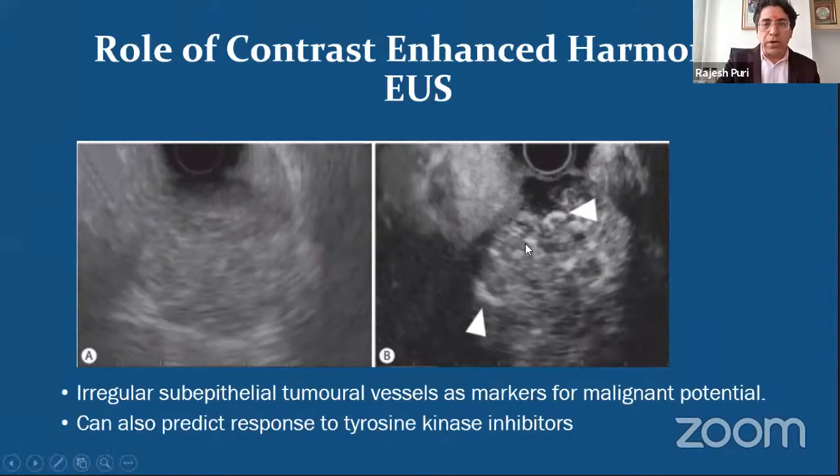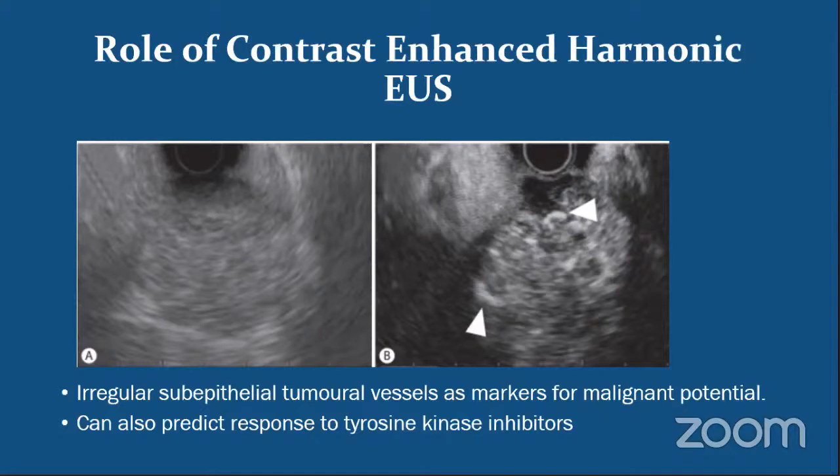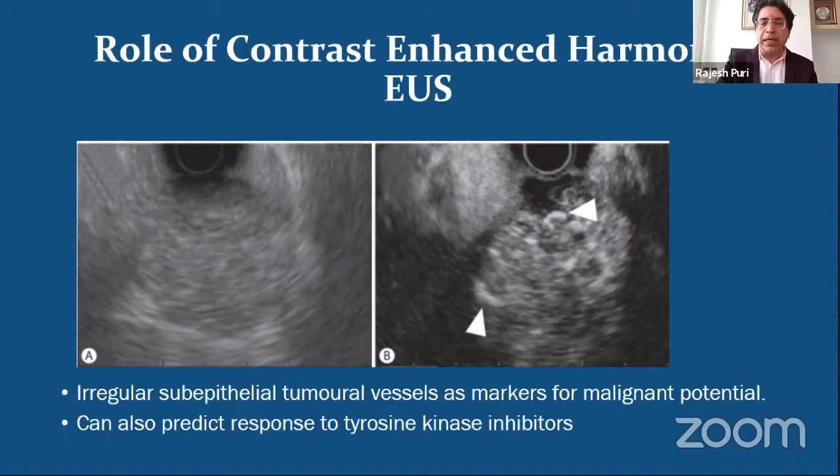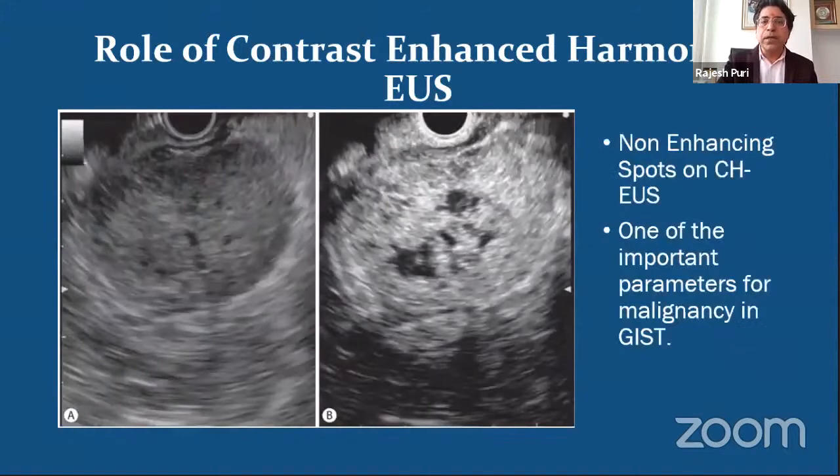What you see in contrast EUS are irregular subepithelial tumoral vessels, which suggest you are dealing with a malignant GIST, and it can also predict the response to anti-cancer immunotherapy drugs. If the tumor is vascular, the possibility of response to the drug is very high. If you find a non-enhancing spot, that also favors malignant potential.